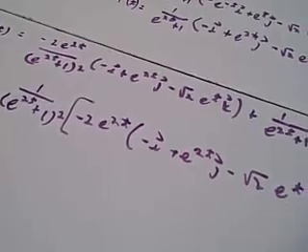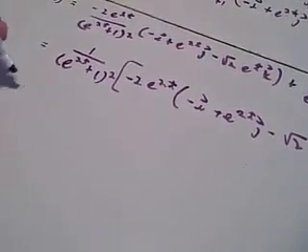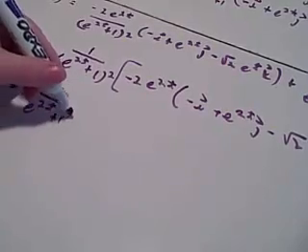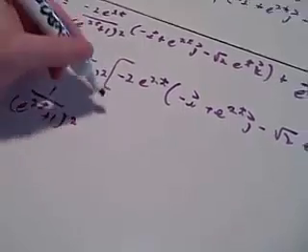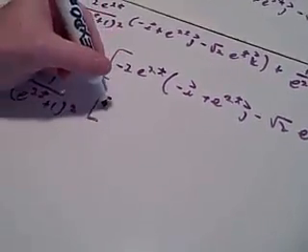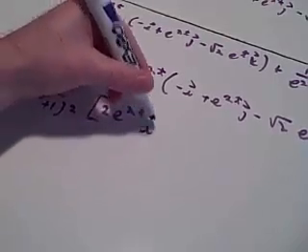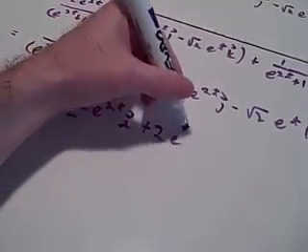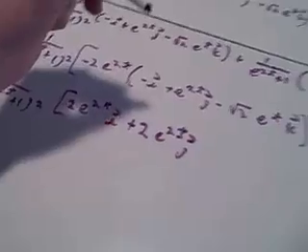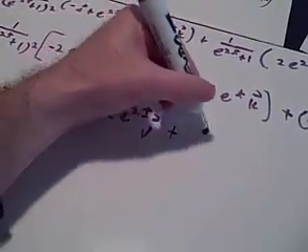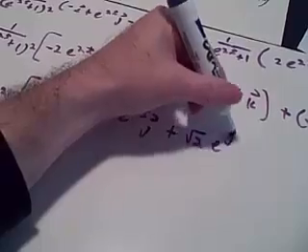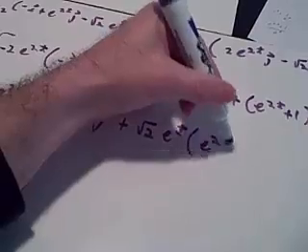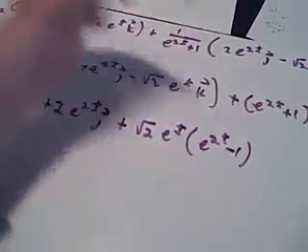And if you do that correctly, you'll end up with this: 1 divided by e to the 2t plus 1 quantity squared times 2e to the 2t i plus 2e to the 2t j plus square root 2 e to the t times e to the 2t minus 1 k.